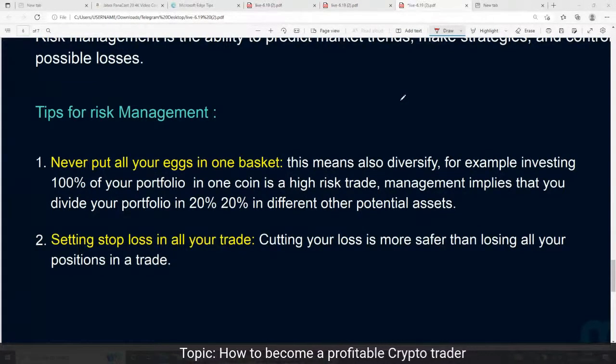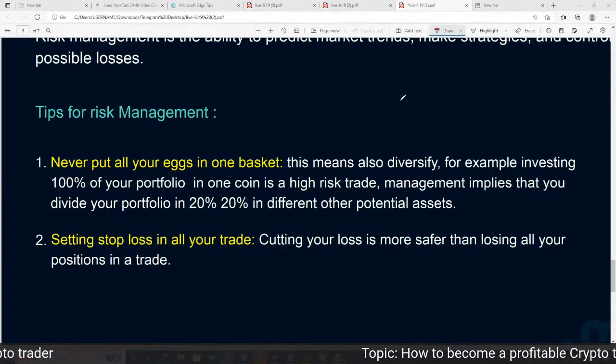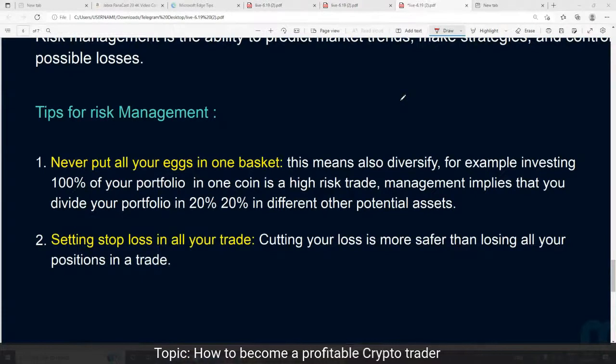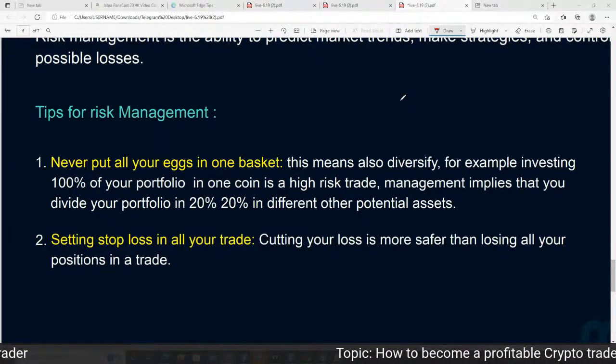Tips for risk management. Some people just think that risk management is all about setting stop loss. No, there are so many things involved in risk management. It is not all about setting stop loss. That's not the only thing you need to emphasize when talking about risk management.